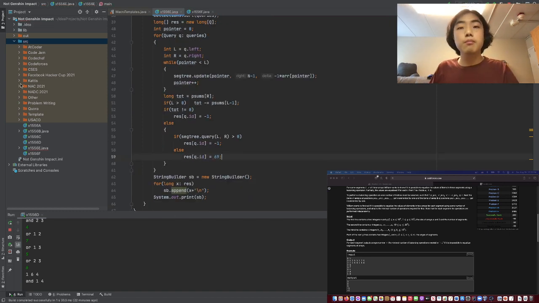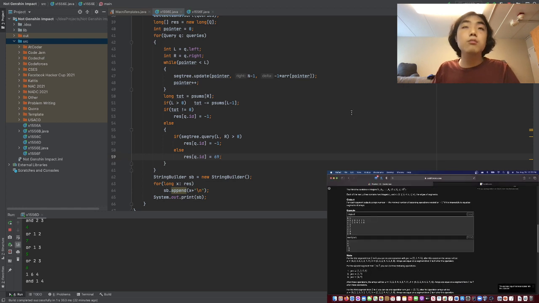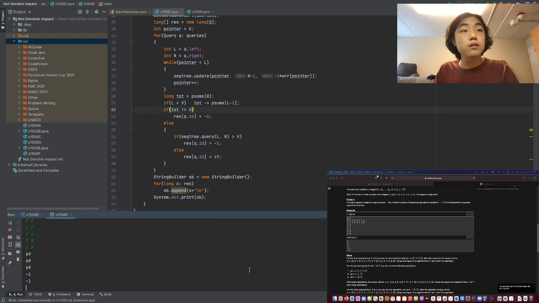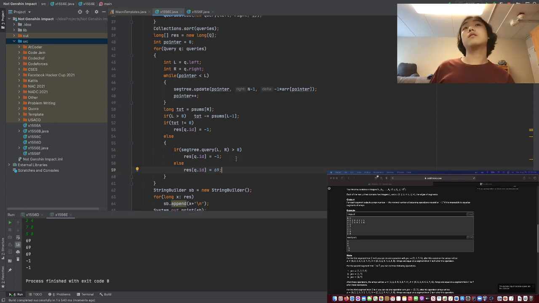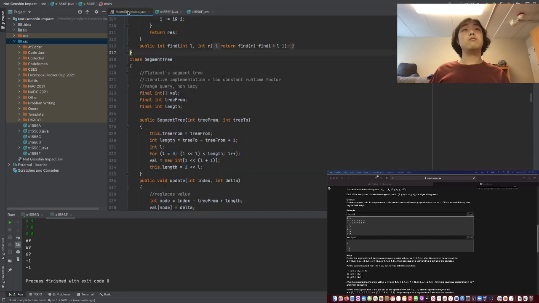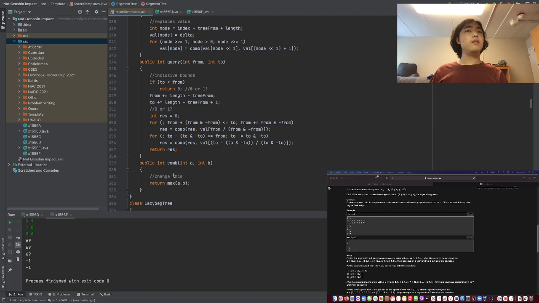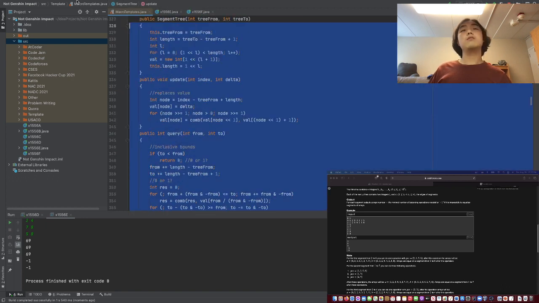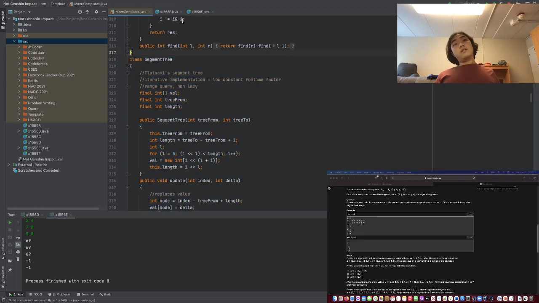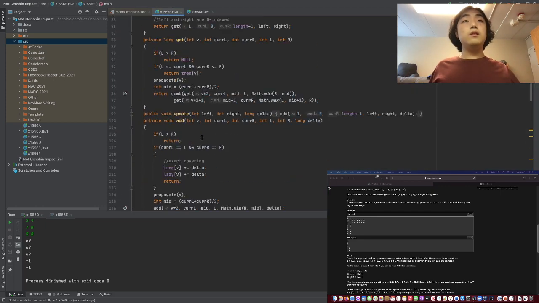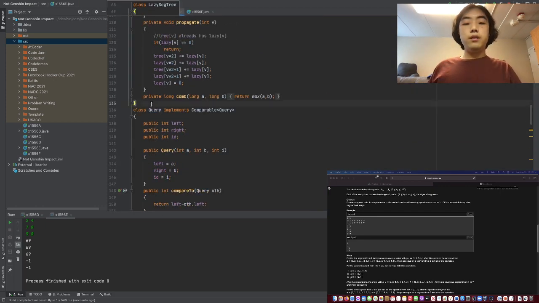Okay, I'm going to make sure that this is returning -1 for the correct cases. It is. Okay, nice. So now I just need to do that range query type of thing, maybe. We'll see. Class segment tree.